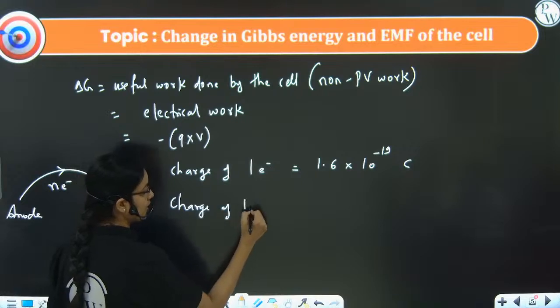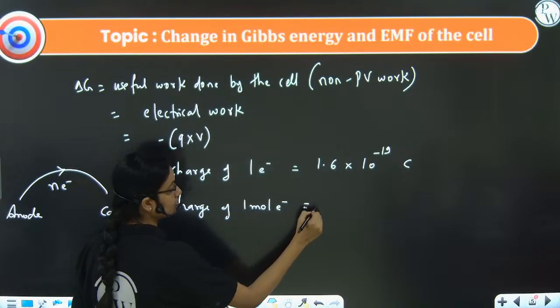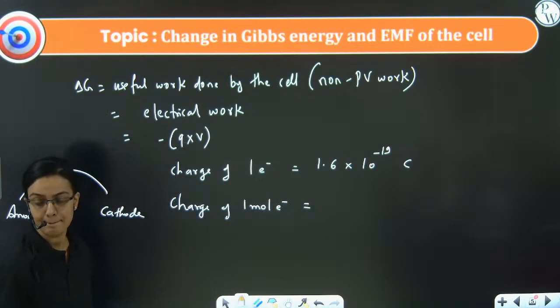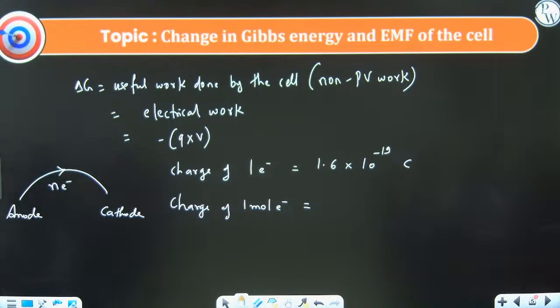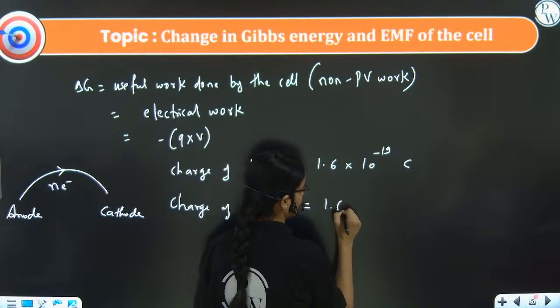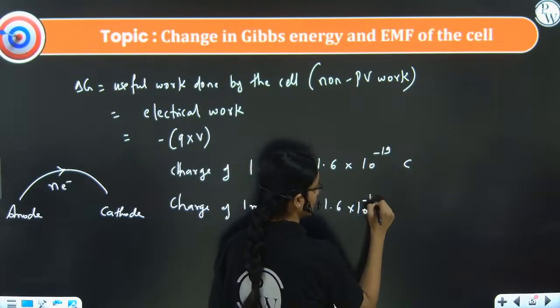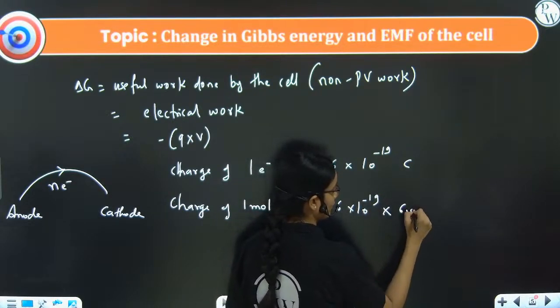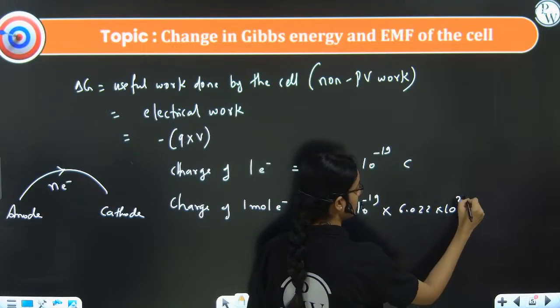What will be the charge of 1 mole of electrons? 1 mole means how many electrons will come? So this value into Avogadro's number, that is 6.022 into 10 to the power 23.